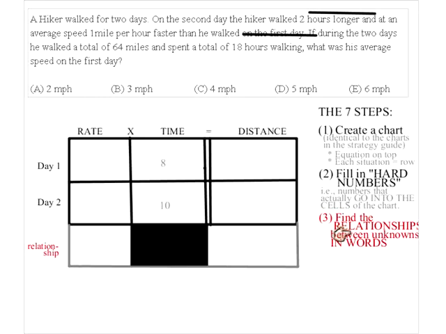The whole point of this is that you really don't want to define variables yet. Because if you do, you're going to wind up with 2 variables. You're going to wind up with a variable over here and a second variable over here, and then you're going to thrash around having to eliminate variables. Remember that the thing you absolutely do not want is to have to eliminate a second variable. So we want words. So the second day is 1 mile per hour faster than the first day.